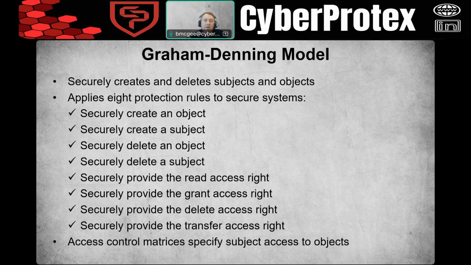But the Graham-Denning, on the other hand, addresses some of these issues and defines the baseline level of rights that are needed for operands or commands that a user can have over an object.